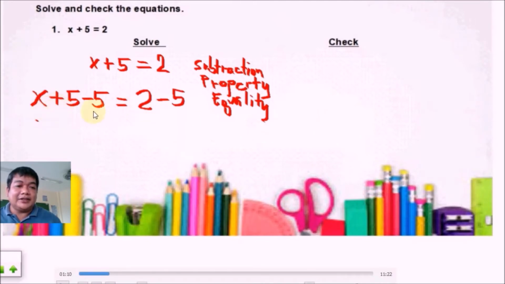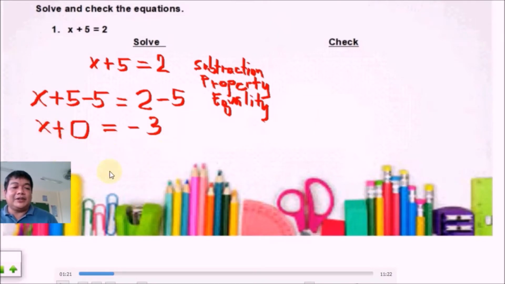Let us solve. 5 minus 5 is equal to 0. And then 2 minus 5 is an integer, which is negative 3. So x plus 0 can be represented as just x.